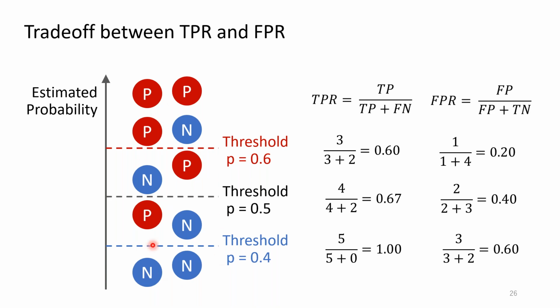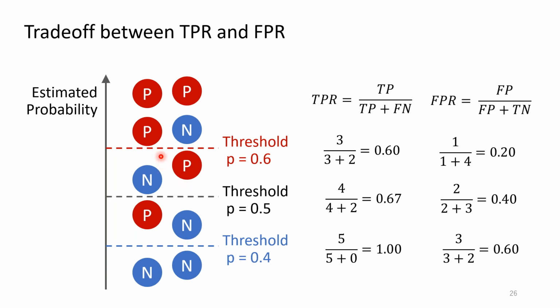Let's look at this example. If we set the threshold at the default 0.5, the TPR is 0.67 and the FPR is 0.4. If we raise the threshold to 0.6, the FPR decreases to 0.2, but the TPR also decreases to 0.6.